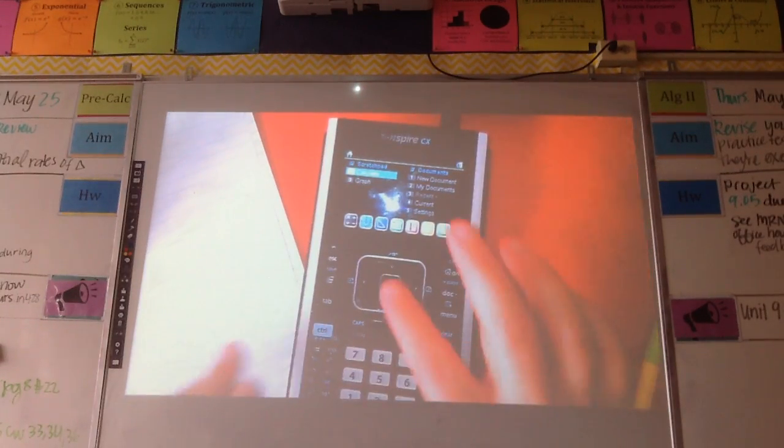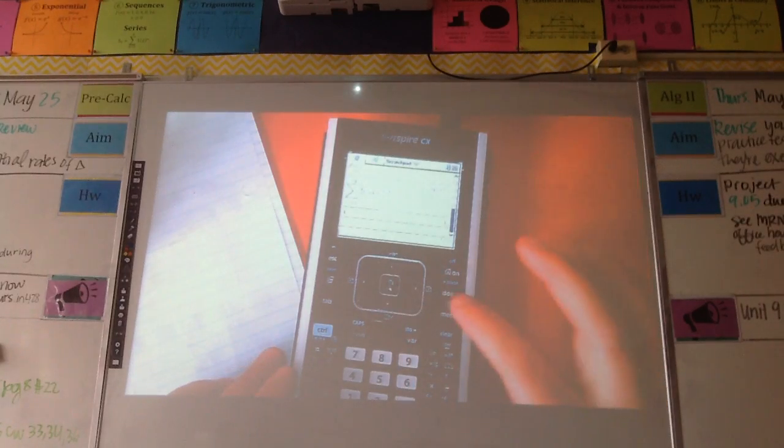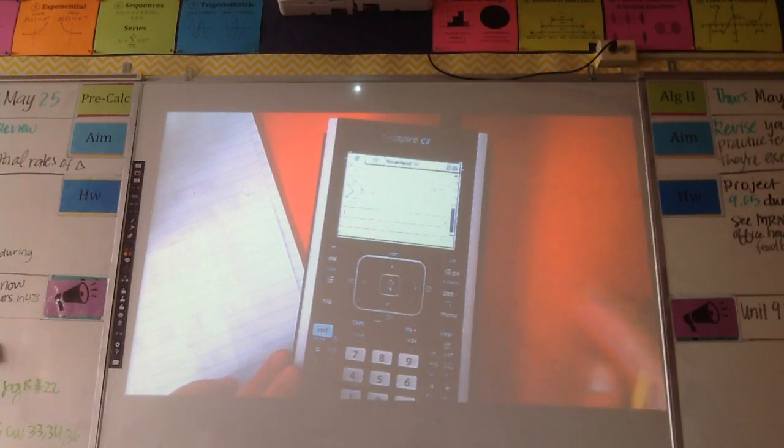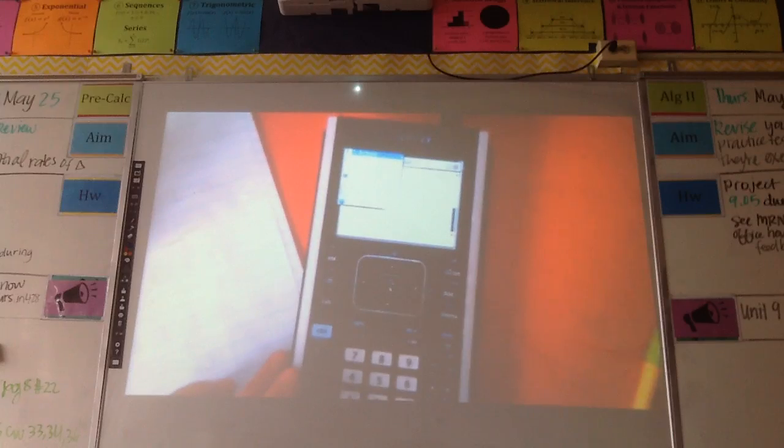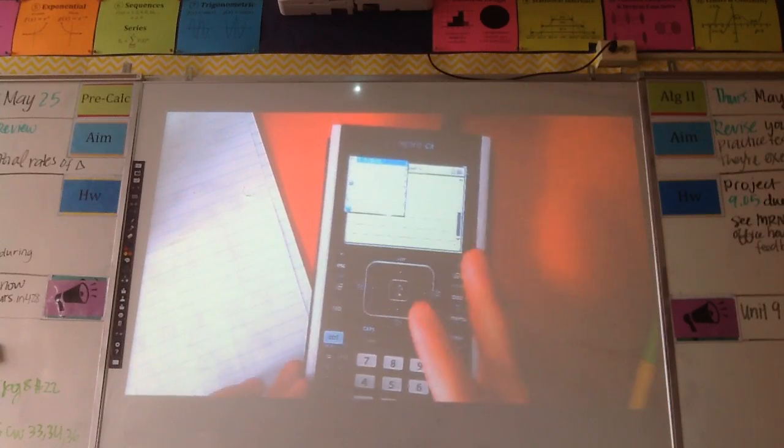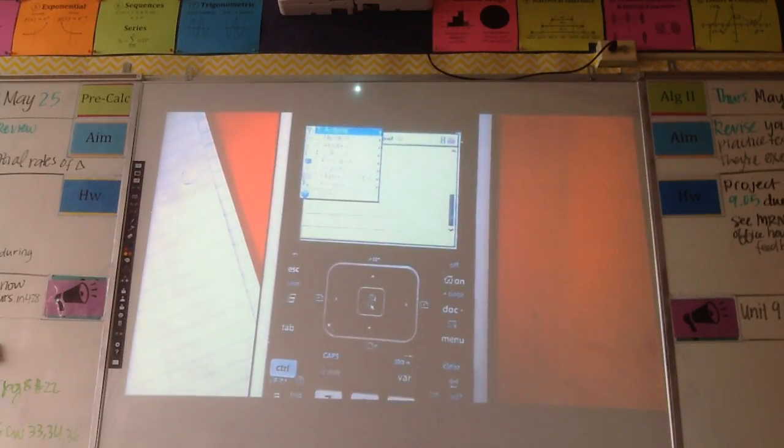If you're using an Inspire, go to calculate. Spoiler alert, there's the answer. Press menu. Choose option 4, sorry about this, which is calculus. Then choose sum. Again, it's bringing up a template that you can type into.